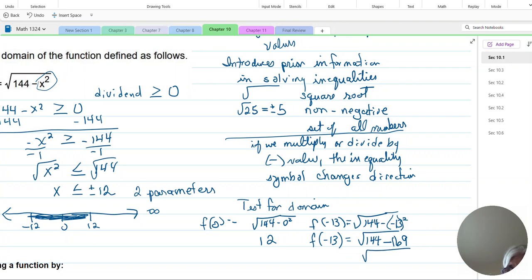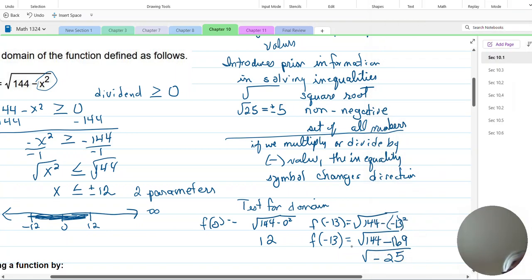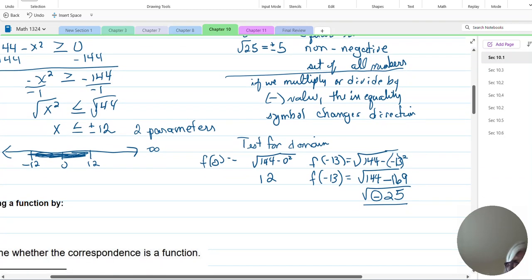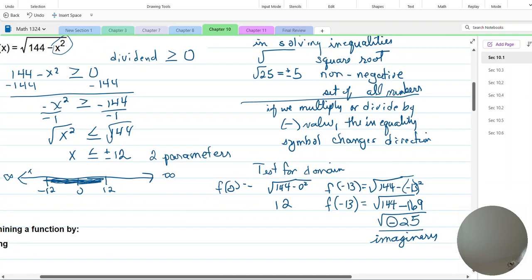Well, this gives me a negative. Negative 25, if I did the math right, let me check on that. Yes, I got it right. Well, this is a negative, and we can't take the square root because it's imaginary, so it's outside of the realm. So this means that this does not work, and of course 13 over here would not work.